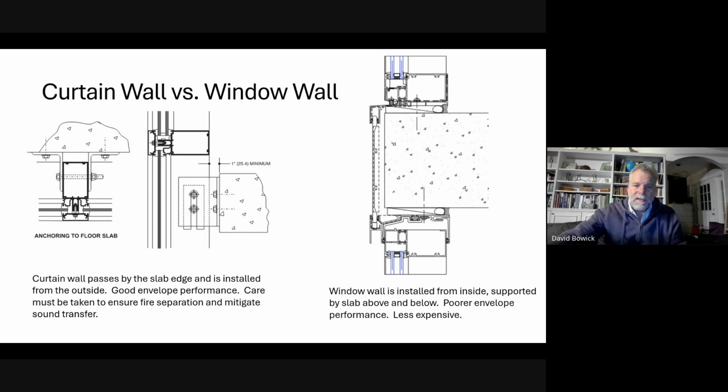But you can see that we've got this condition here past the edge of the slab where we have the potential for acoustic transfer. We've got thermal transfer past the slab. So we've got smoke potential. So that's not an ideal condition. But now look at the glazing.